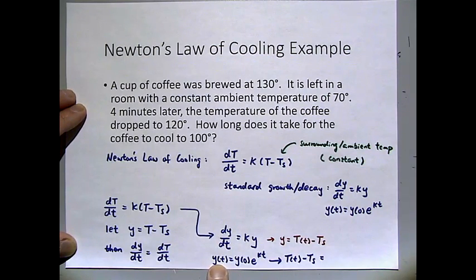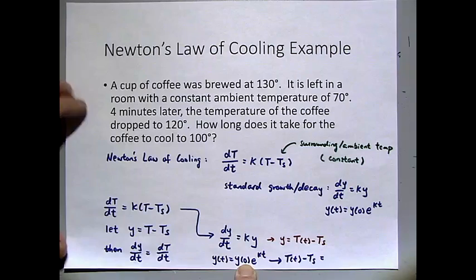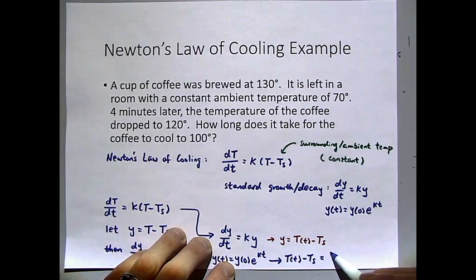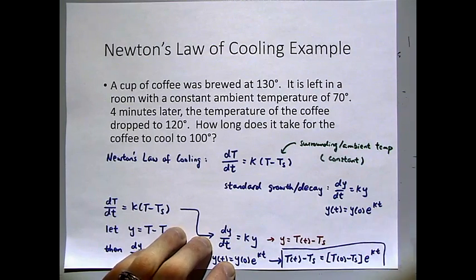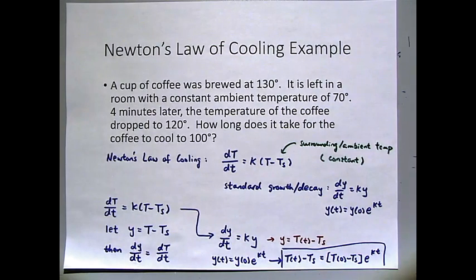Right? That's y of t. Right-hand side, when little t is equal to 0, big T of 0 minus Ts, e to the kt. So that equation in the box on the lower right corner, that's the equation we're going to need to solve this problem. The steps are the same. We find out K. Once we know K, we can find out the temperature at any future time.